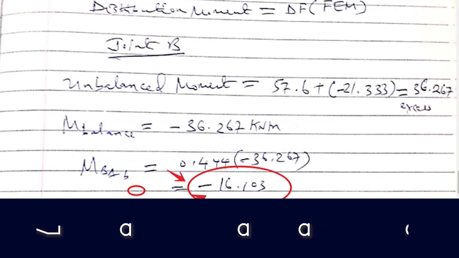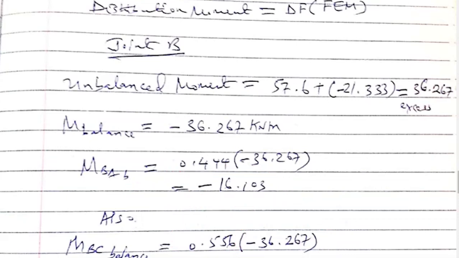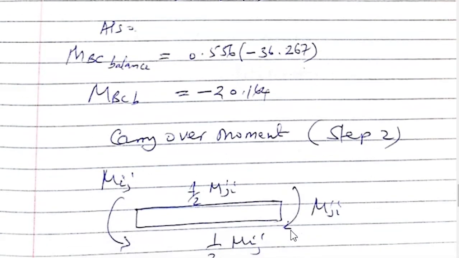What will happen for the right one? For the right member BC, you take its distribution ratio and multiply by the unbalanced moment, negative 36.27, to have equilibrium. Once you calculate for the right one, we get a value of about negative 20.164.